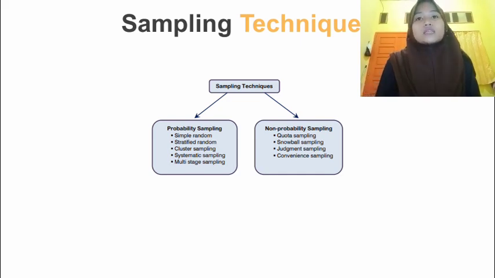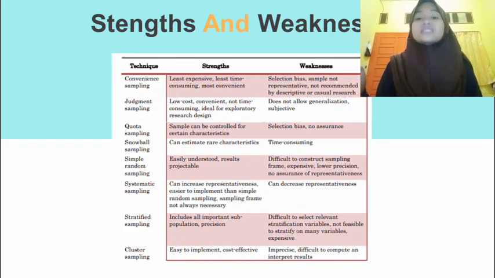Strengths and also weaknesses. Each step or each sampling technique has its own strengths and weaknesses. For example, convenience sampling is less expensive, less time consuming, and most convenient because it costs less money and so on.